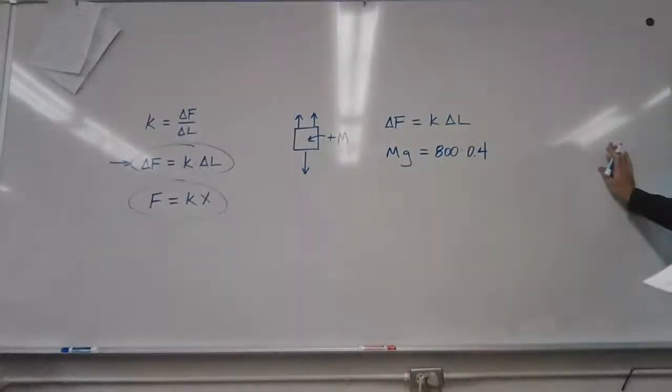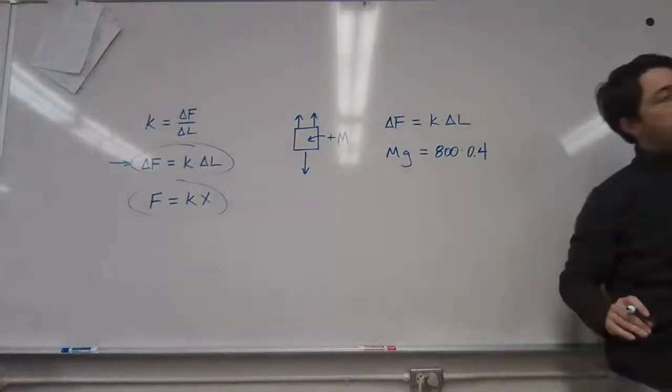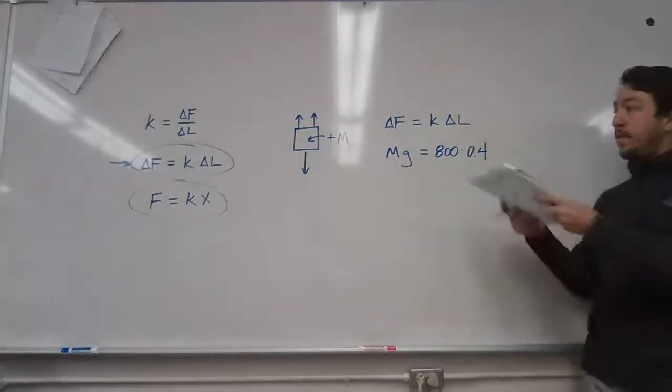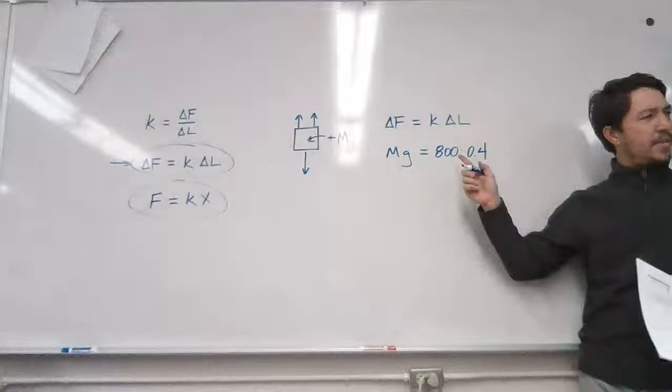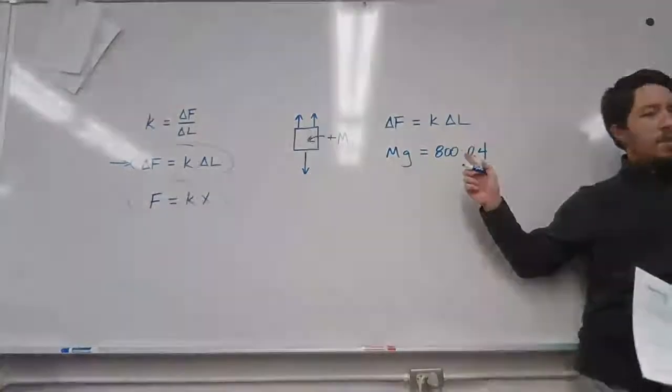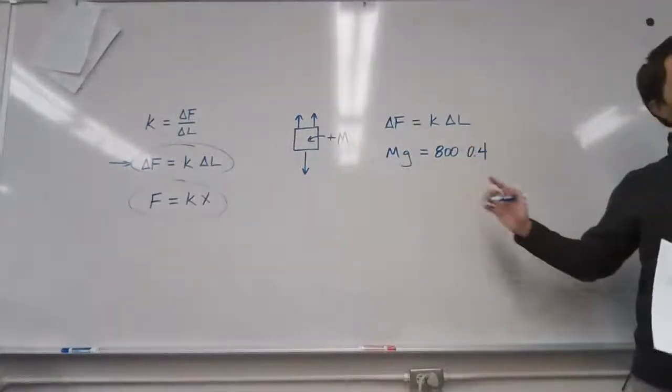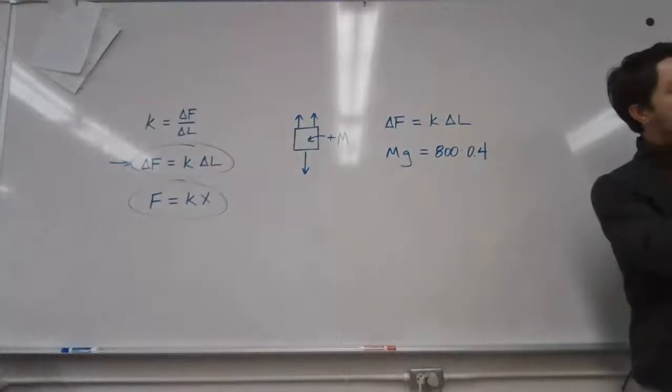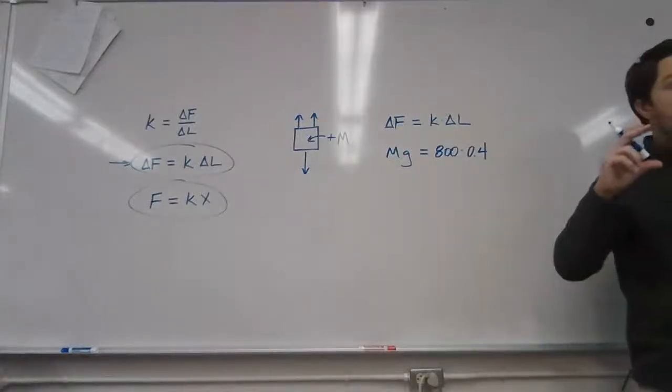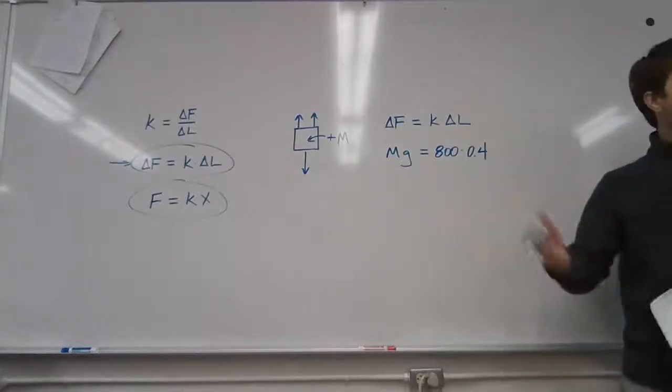Everyone okay with that? Wait, your spring constant should be 2 times that since there's 2 springs. We're gonna get there. So yes, what I'm doing, if you look at this setup, you're going, well, isn't that just if that was one spring, right? So the answer we're gonna get here would be the amount you'd have to add if there was only one spring pulling. But since there's 2 springs, it's only gonna be half that mass.